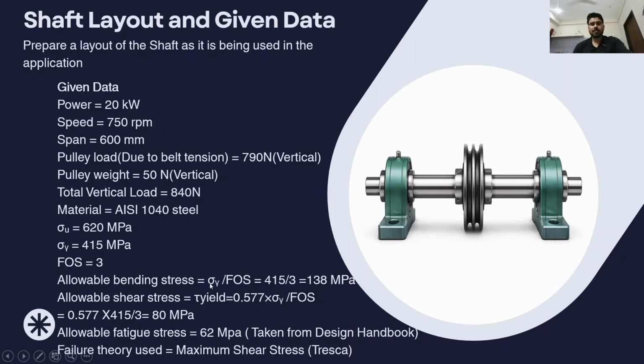And allowable bending stress will be sigma yield divided by factor of safety, and 415 divided by 3 we will get 138 MPa, and allowable shear stress will be tau yield equals 0.577 times yield stress divided by factor of safety, and after calculation we will get around 80 MPa, and allowable fatigue stress is 662 MPa taken from the design data book. And failure theory used will be maximum shear stress theory, which is also called Tresca's theory.